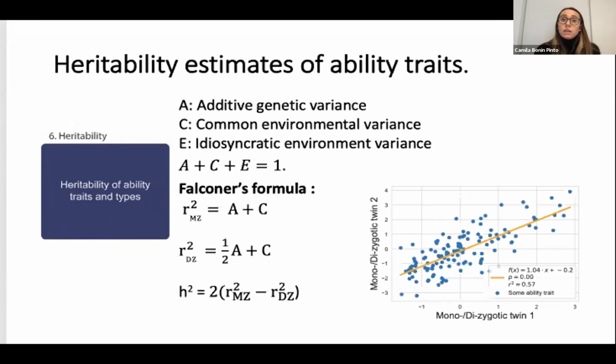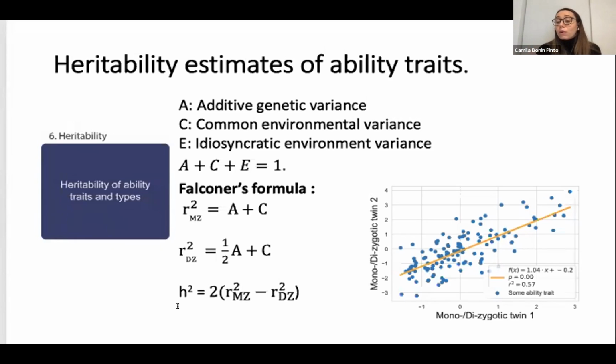This model tells us that both monozygotic and dizygotic twins share 100% of the environmental variance since they were born at the same time and live in the same family. The only difference would be in the additive genetic variance, since monozygotic twins share 100% of the genetic factors and the dizygotic twins share about 50%.